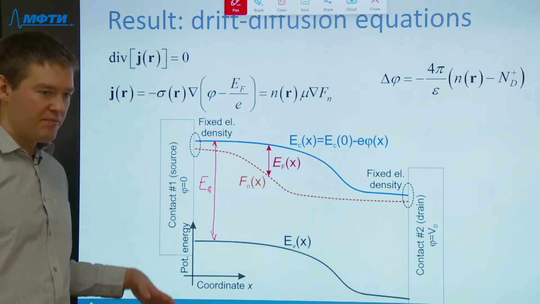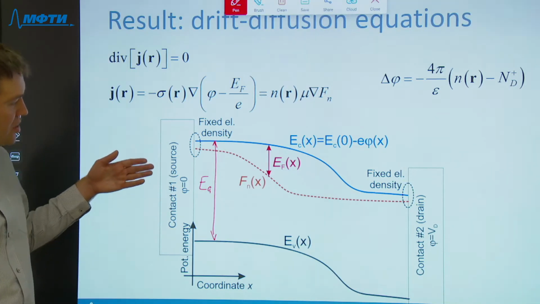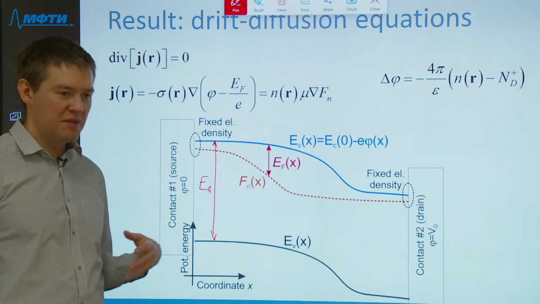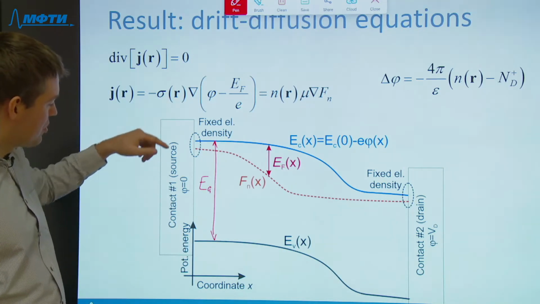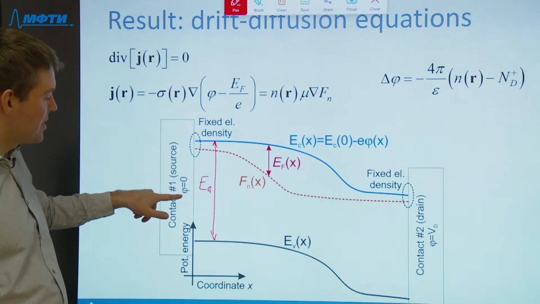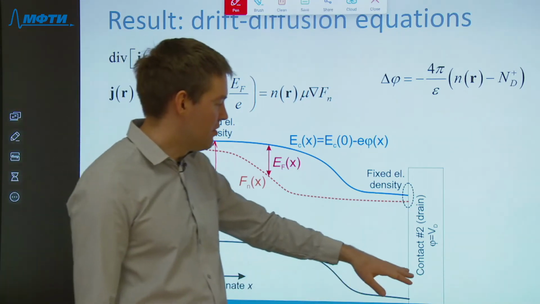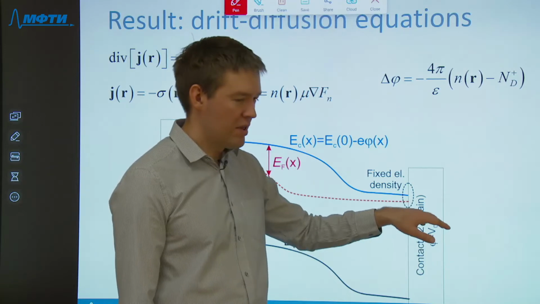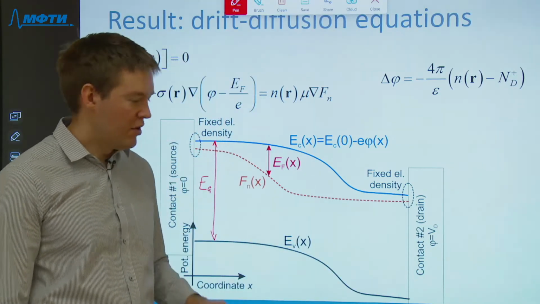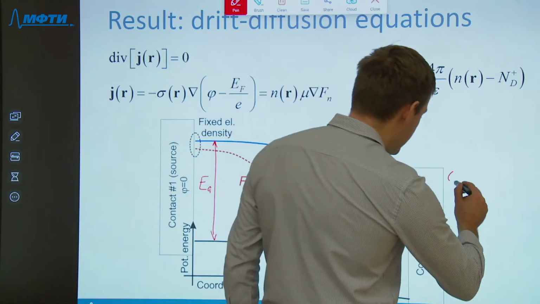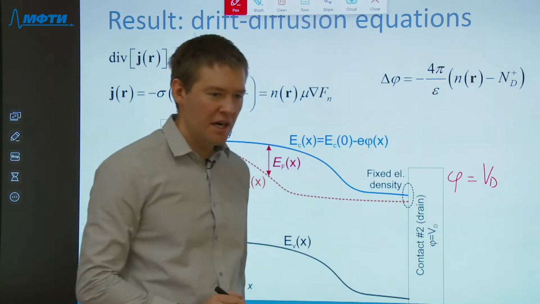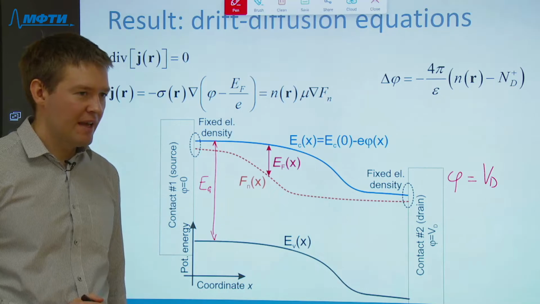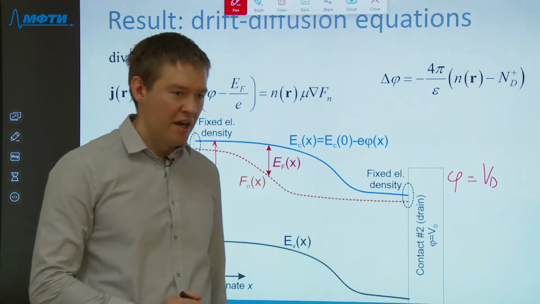What I have shown in this picture. The picture shows the band diagram of some semiconductor sample that has two contacts with fixed electric potentials, phi equal to 0 and phi equal to the applied voltage. The applied voltage would be denoted as Vd. D comes from the English drain.